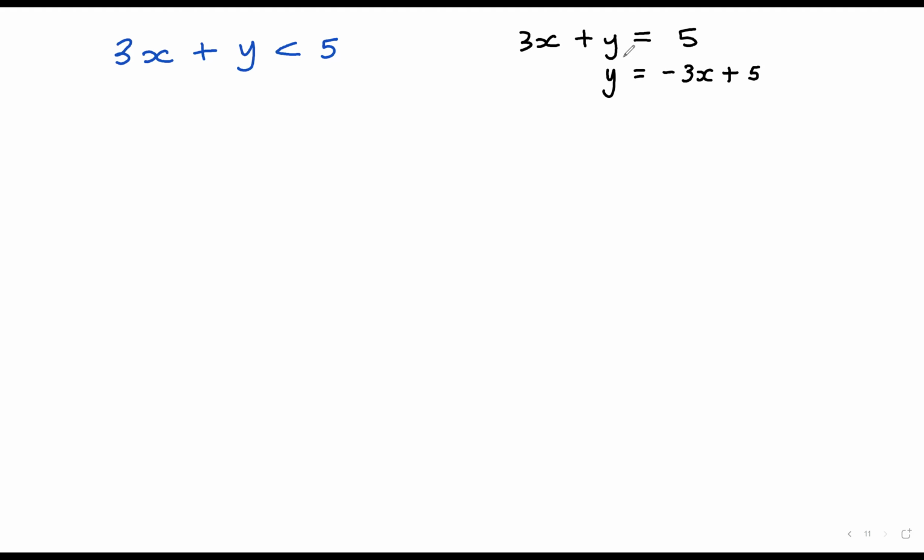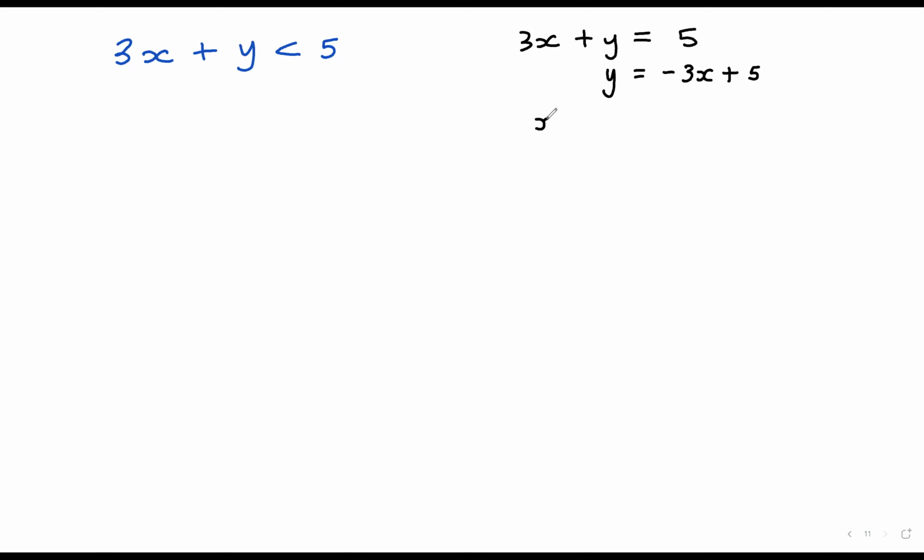And here, the y-intercept is 5, so I know that the graph is going to cut the y-axis at 5, and I need to find what the x-intercept is. I also know that the gradient is negative 3, so I'm expecting this line to be a diagonal one, decreasing from left to right. So to find the x-intercept, I make y equal 0.